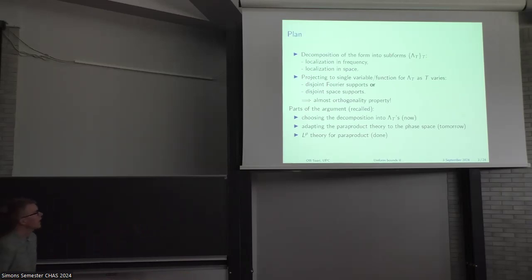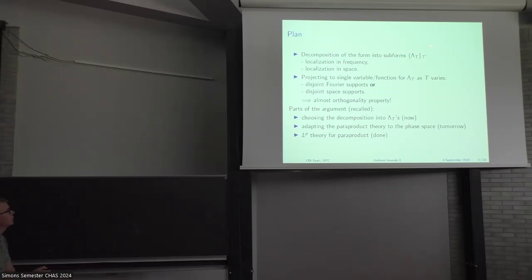Okay, and now the plan is that we would like to decompose the form, which is coming from these bilinear multipliers, with adaptive functions to these pieces of the Whitney decomposition. And as it were, the decomposition is not good enough because there is singularity everywhere.